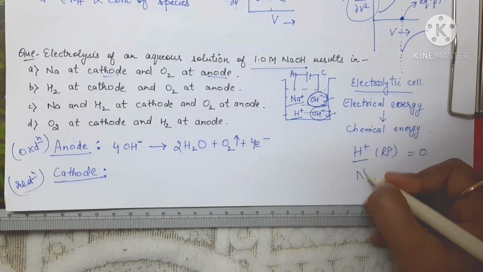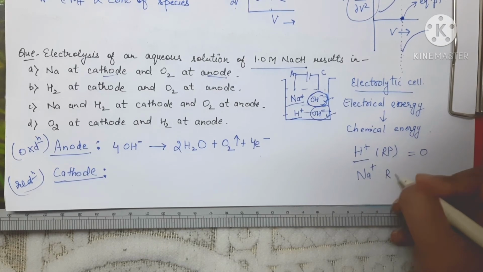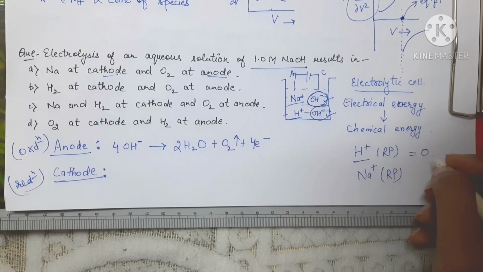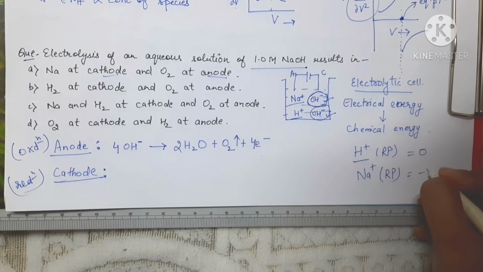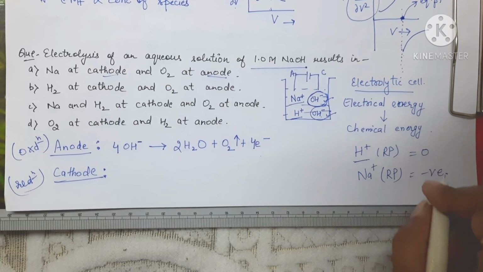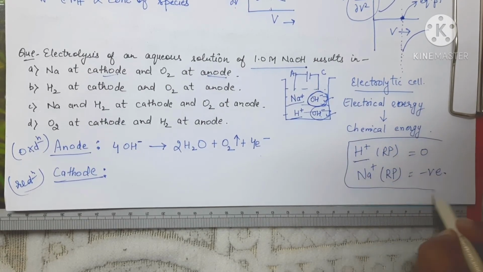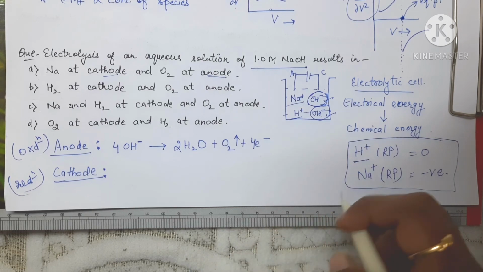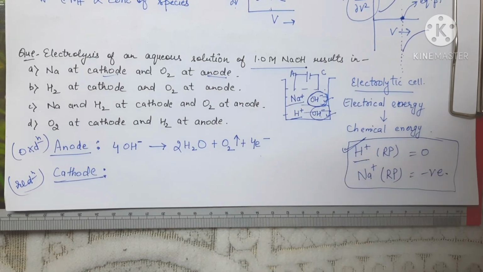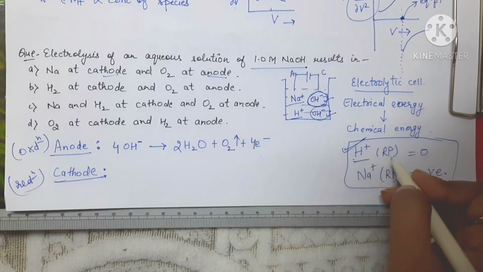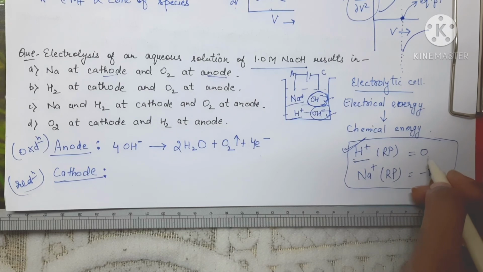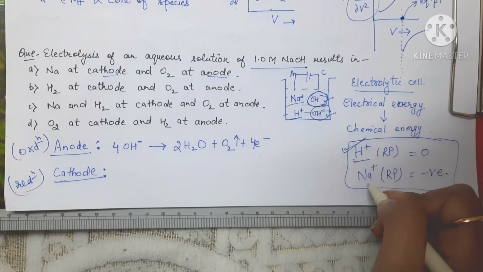And if we talk about Na positive, then the standard reduction potential of Na positive is always a negative value. So if we compare the reduction potential values of these two, then definitely H positive is having higher reduction potential value. So because H positive is having higher reduction potential value, H positive will be reduced and not Na positive.